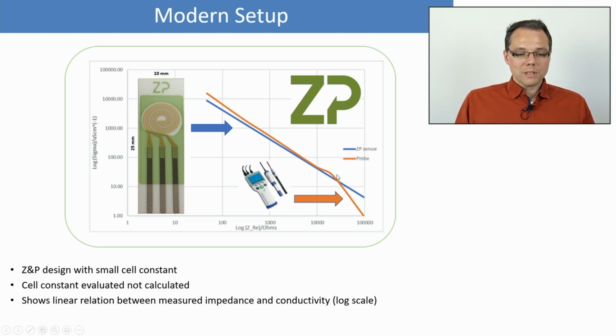While the classic probe gives up in ranges of around 50 kilo ohms, the Zimmer and Peacock electrode goes all the way to 100 kilo ohms in a linear fashion on a logarithmic scale, which is really helpful if you want to make software that automates all of this. The cell constant in situations with more complex cells is usually empirically evaluated and not calculated, it's just easier.